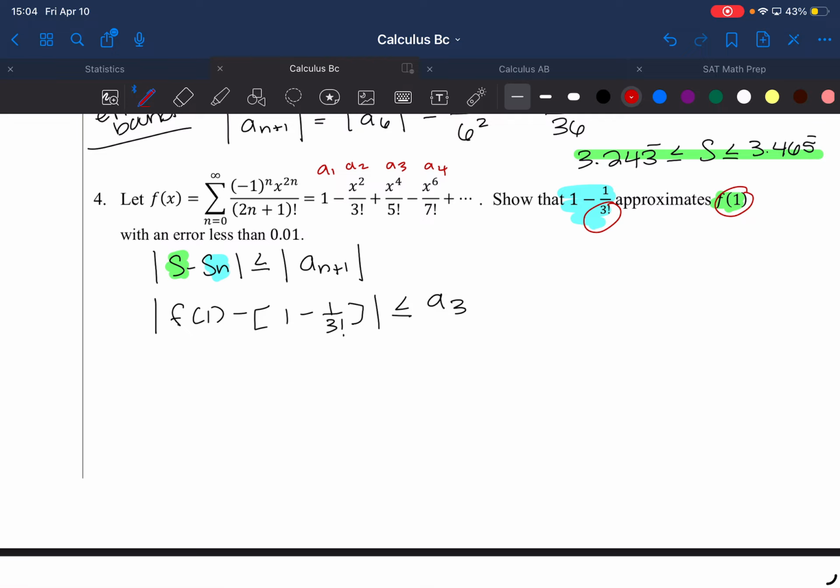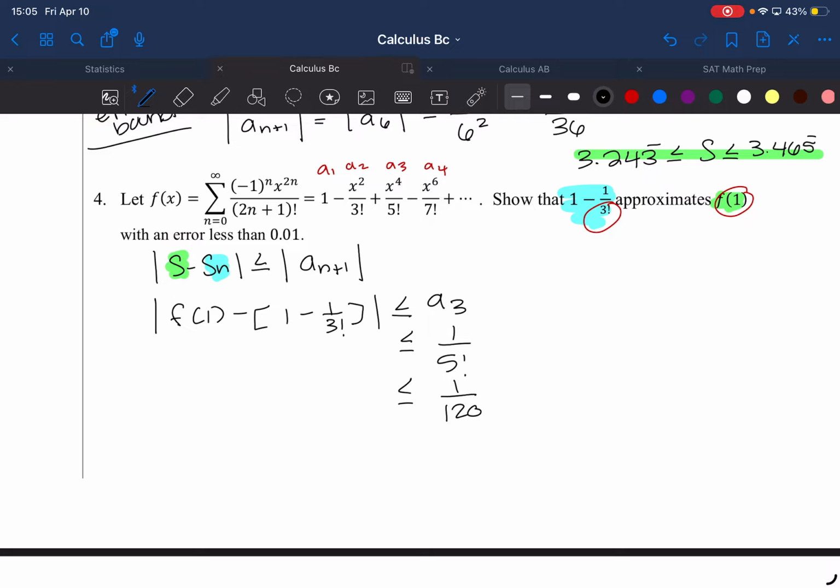But if I want a sub n plus 1, that means I need a sub 2 plus 1, which is a sub 3. I know that a sub 3, if I plug in 1 for x, is 1 over 5 factorial. Well, 1 over 5 factorial is 1 over 120.